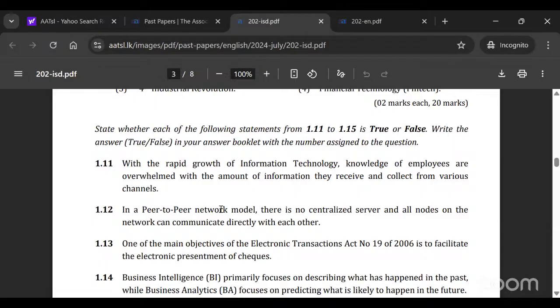With the rapid growth of information technology, knowledge employees are overwhelmed with the amount of information they receive and collect from various channels.